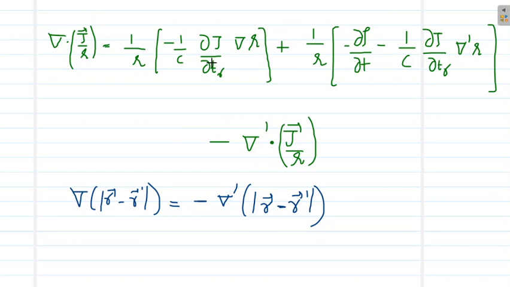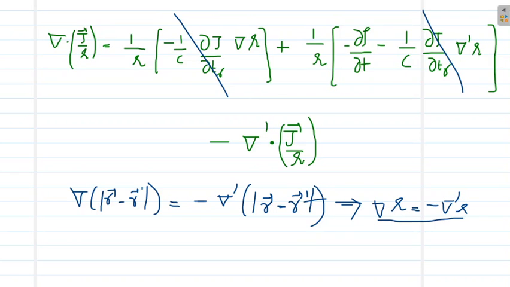So here in the first term we have minus 1 by r into 1 by c into dou j by dou tr del r. Here we have another term, again minus 1 by r into 1 by c into dou j by dou tr into del dash of r. These two terms will cancel each other because of this rule, del of r is equal to minus del dash of r.